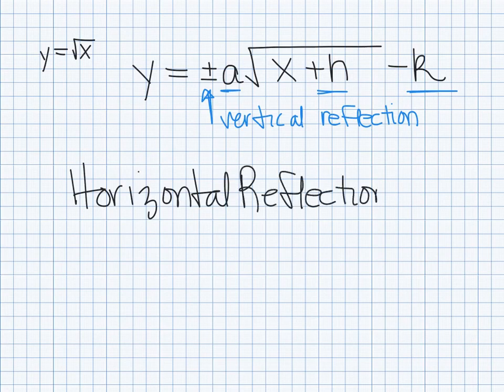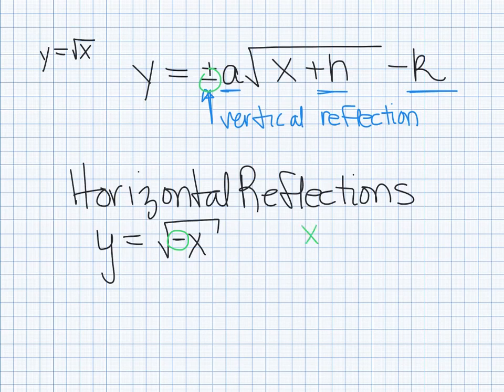And in these horizontal reflections, okay, what are we talking about? Let's go back to the most basic one. Y is equal to square root symbol, and inside the square root symbol is times negative 1, okay? So it's a negative x. Much like we had this negative, meaning a vertical reflection, this negative, because it's inside, means a horizontal reflection.